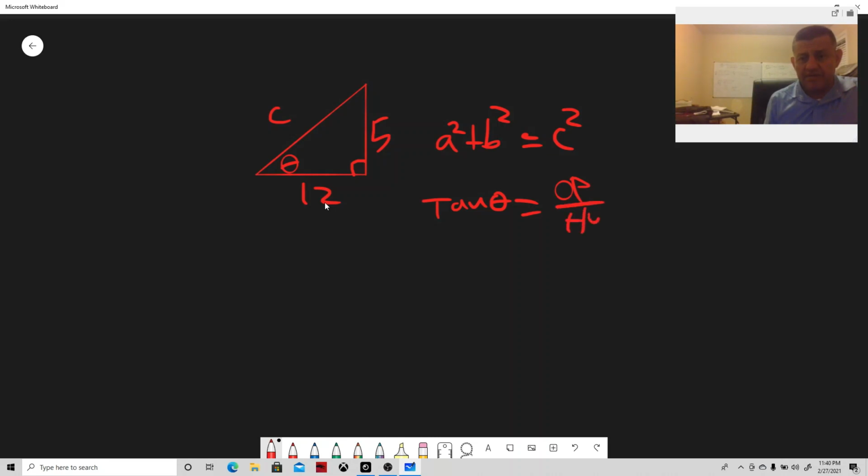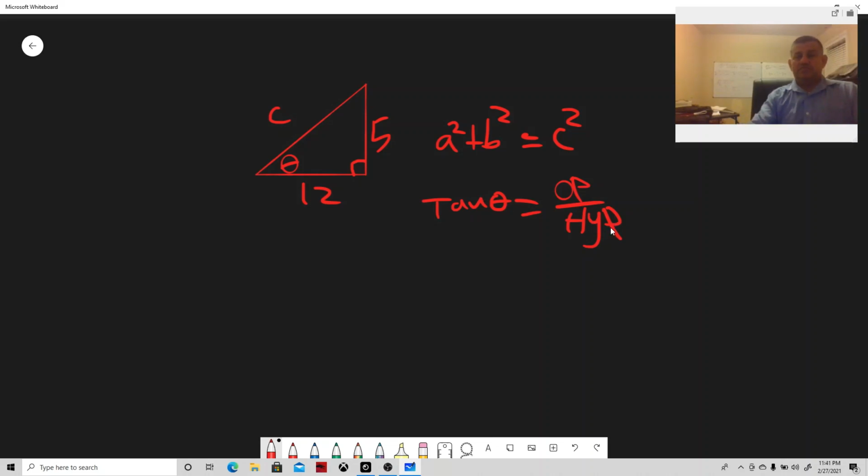So in a problem like this, we can find theta by taking the inverse of these two sides. We have 5, opposite of theta is 5. And adjacent of theta is what?